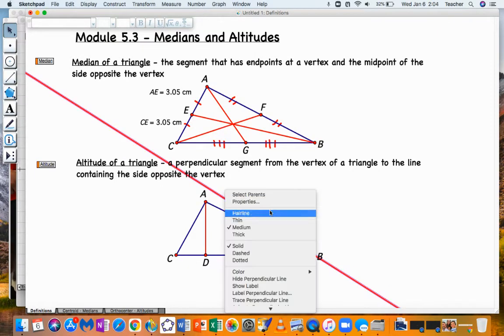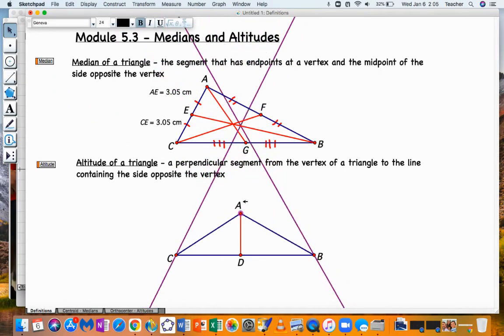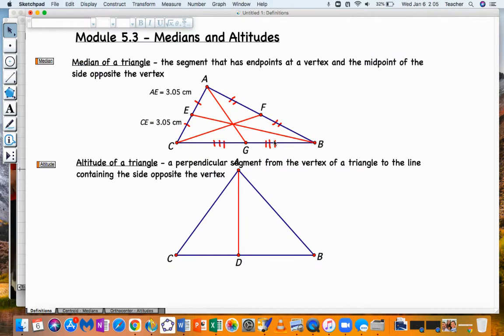We'll make it a different color. And then let's do this one, make a perpendicular. And there, that would be the altitude of those. As we move this, we'll talk later on about what it actually means and what we're trying to find from that. But that's the definition of altitude. So you've got the definitions of median and altitude.